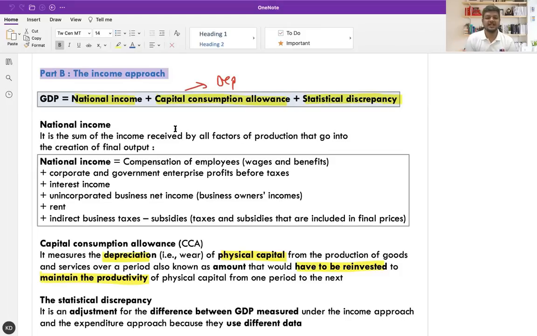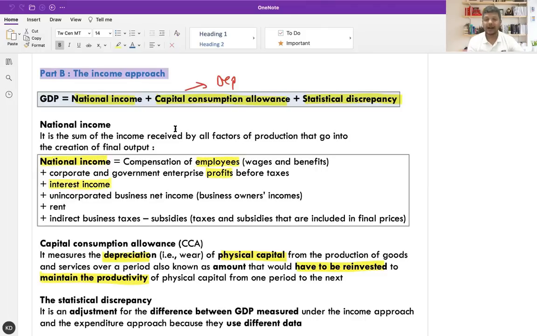Now comes what is national income. National income is the income of everyone. I just discussed income for the providers of the factors of production, which are land, labor, capital, and entrepreneurship. So what is national income? It is the compensation of employees, which is for labor. Profits for corporates and governments are for entrepreneurship.